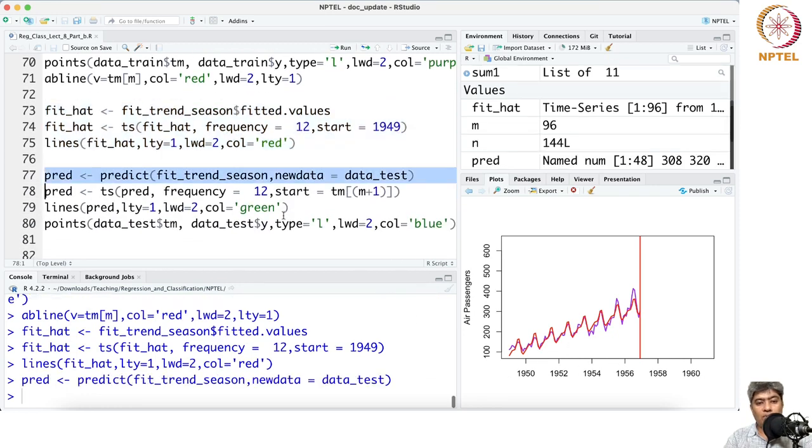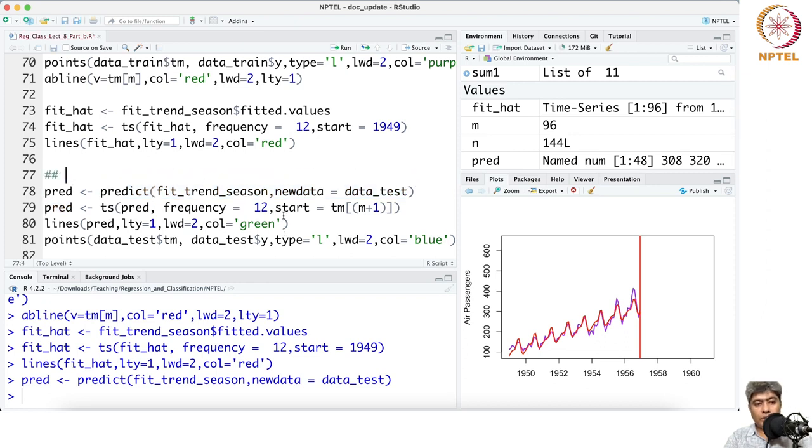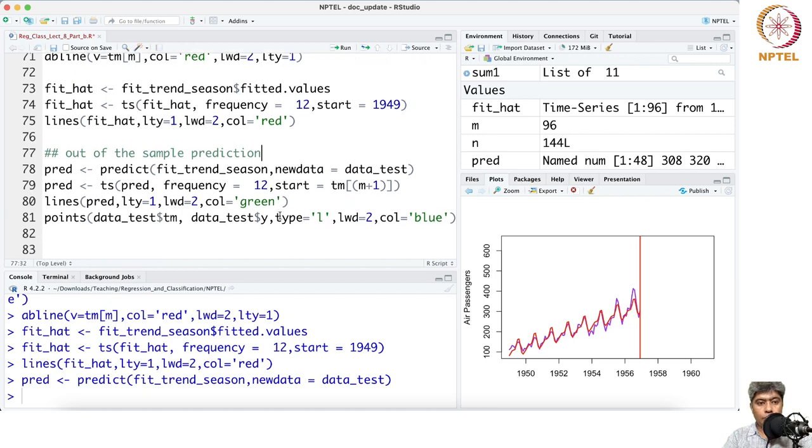And let's do the out of the sample prediction. This is out of the sample prediction. So we do that.